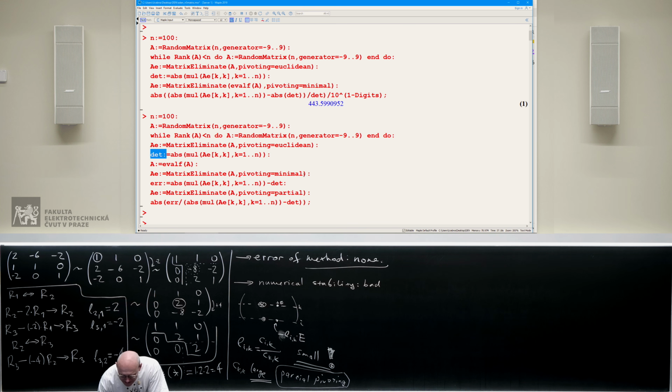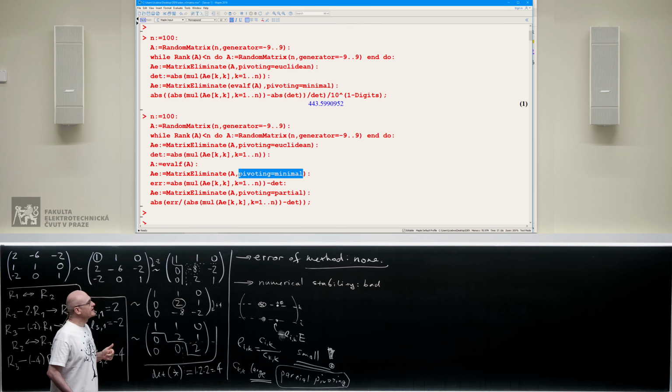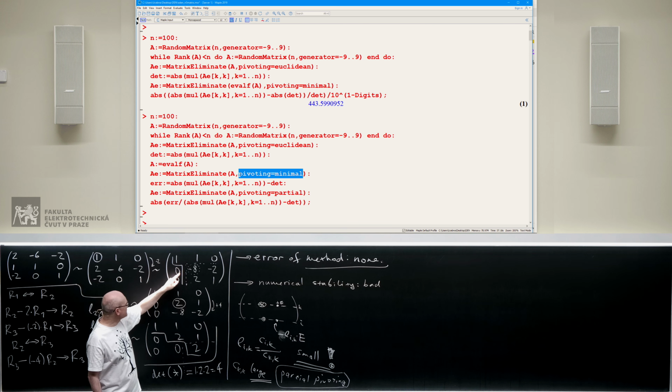One elimination does not do partial pivoting. It says pivoting minimal, it doesn't say pivoting none, because sometimes you do have to actually do some pivoting. If, when you go to a certain stage, you look here and you find 0, you cannot use it as a pivot, so what you do, you look down and you take something which is not 0 and flip rows.